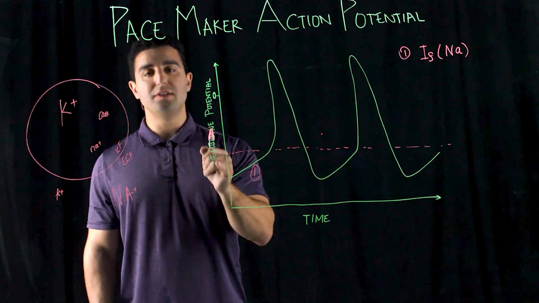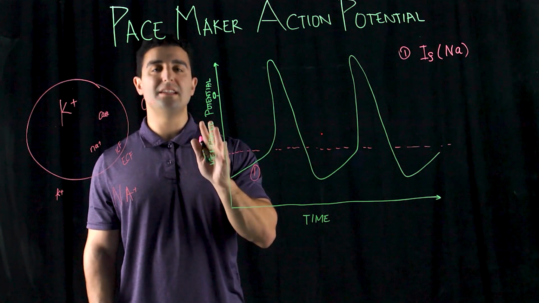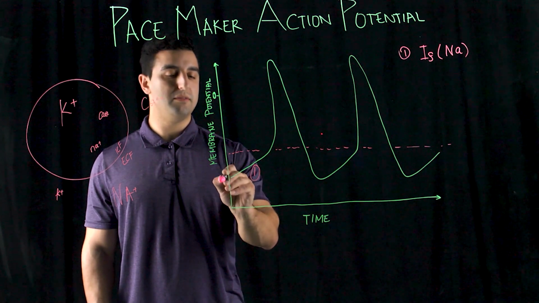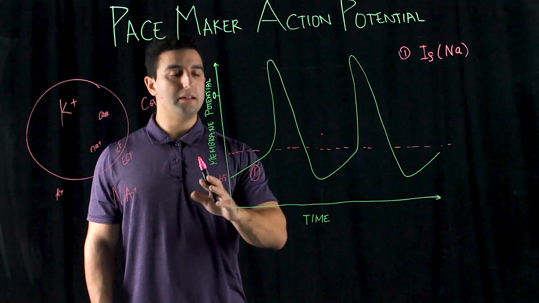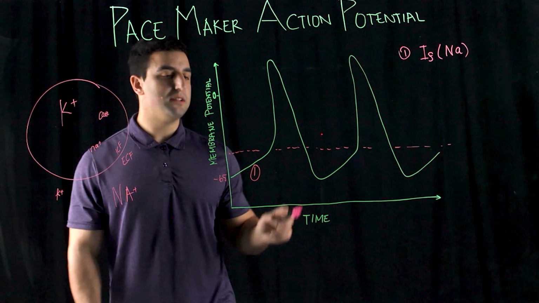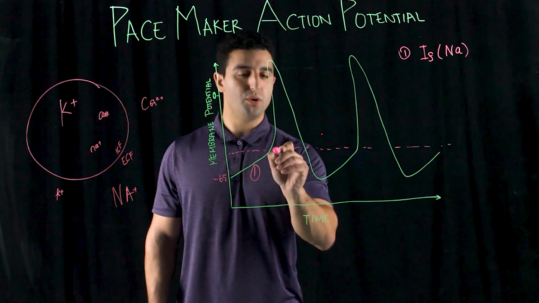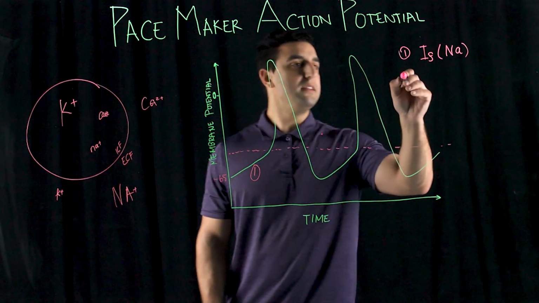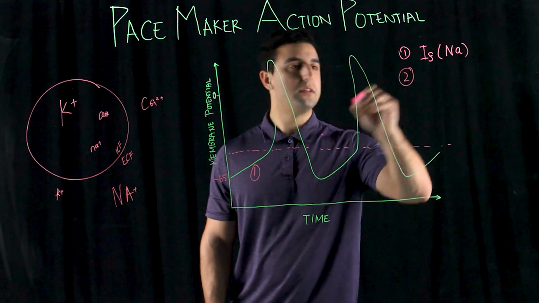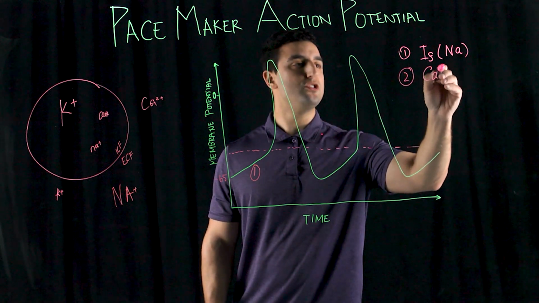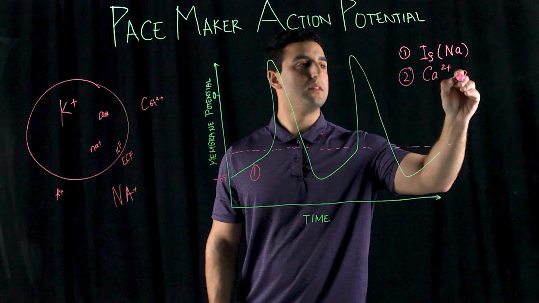So these cells are negative, around negative 65, if you want to put a negative 65 here. And they begin to depolarize, so they become more positive. As soon as they reach this threshold here, these funny channels close, and now your calcium channels open.